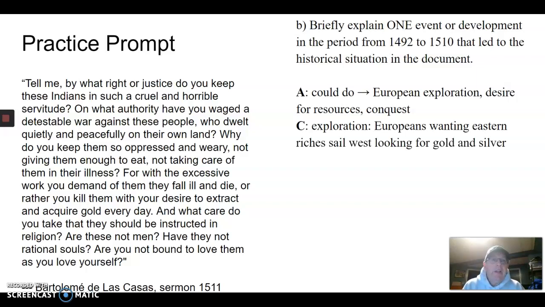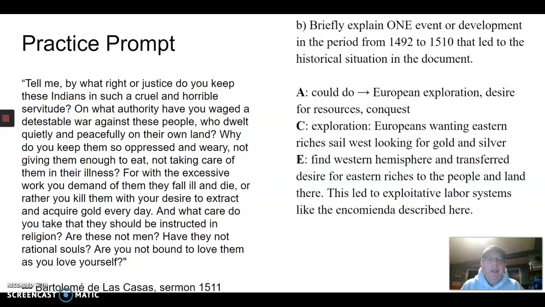I would cite the exploration. Las Casas is calling him out because Europeans want these eastern riches. They want gold and silver. That's why they've established encomienda. That's why they're working these people to death. And then explaining, of course, they found the Western Hemisphere, and though they didn't find China or India, they still wanted gold and silver.